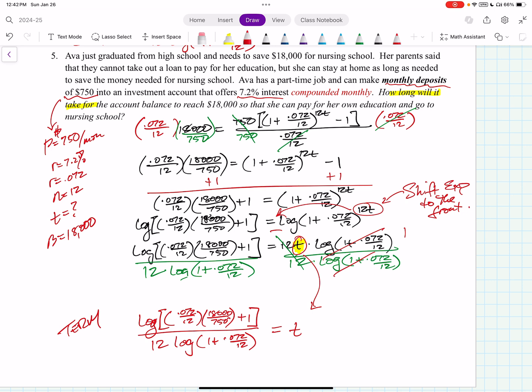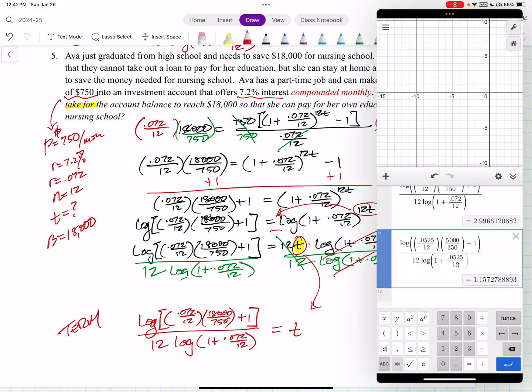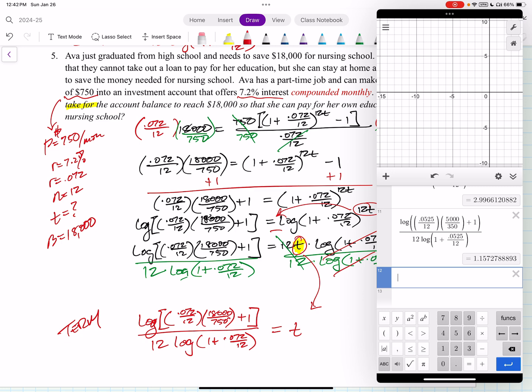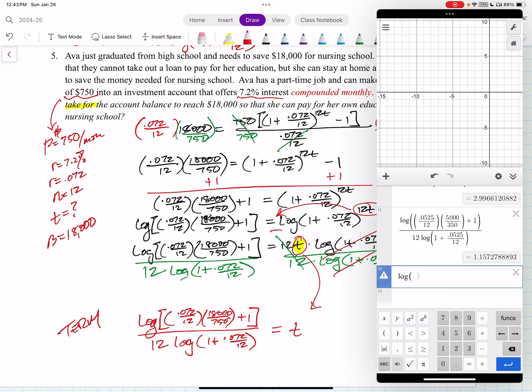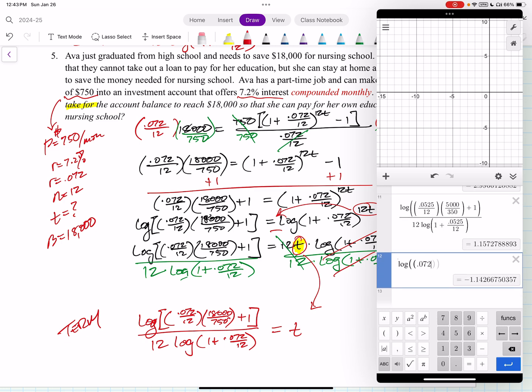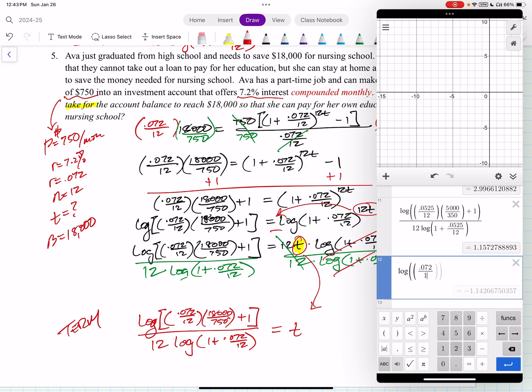But on the selected response test, if you had to evaluate this thing, you would bring up Desmos here, and let's do that just for funsies. Not that it's required in this problem. And let's figure out what the term would be. So go down to your log menu here, select log, and you're going to double up on the left parentheses here, 2 left parentheses. So 0.072 divided by 12.